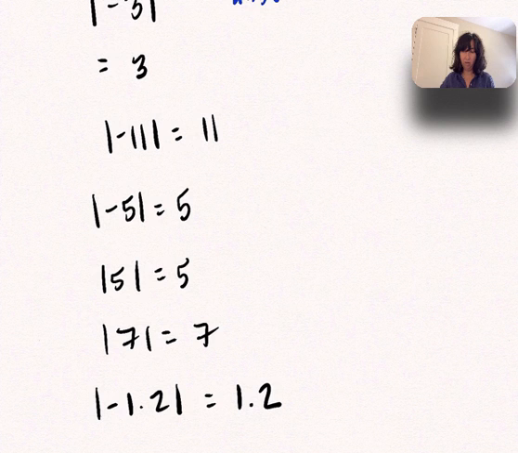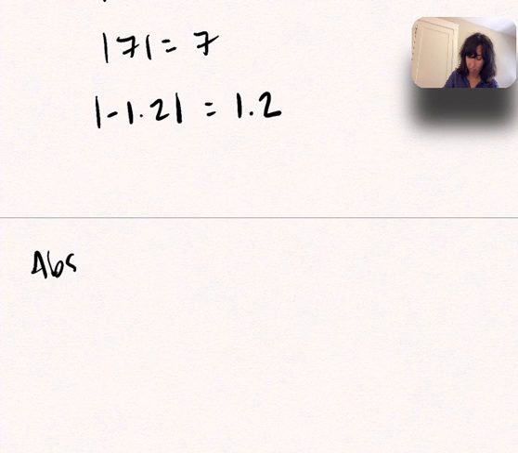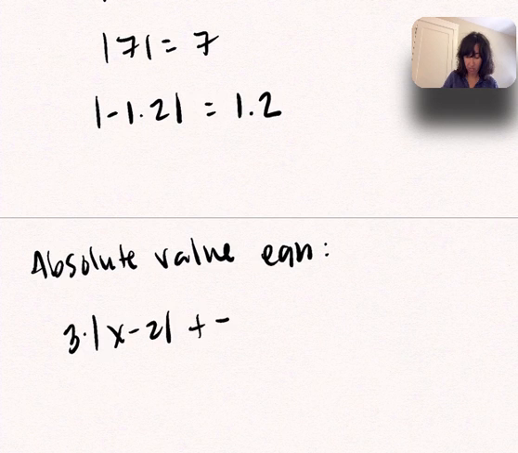Okay, so how do we talk about absolute value equations? Well, an absolute value equation is any equation that has absolute values in it. So it could be something like 3 times absolute value of x minus 2, plus 7 equals absolute value of x.